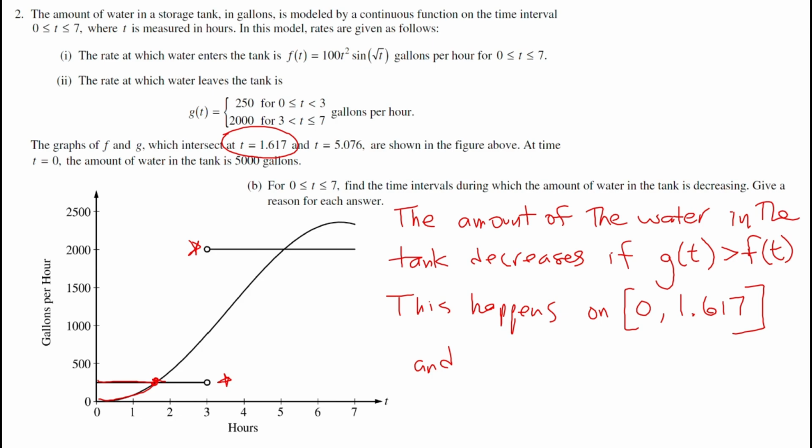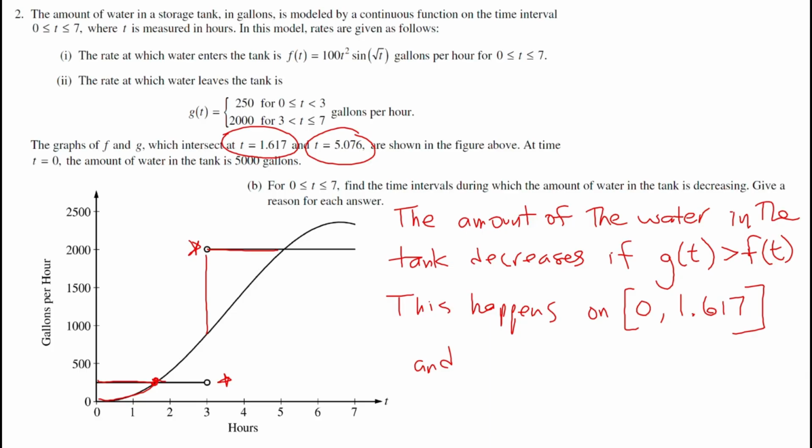And again, later on, right, looks like from 1.617 till 3, the curve is above the line. But starting again at 3, right here at 3, non-inclusive of the 3, of course, we are above the curve here with the line until we get to this other intersection point of 5.076.